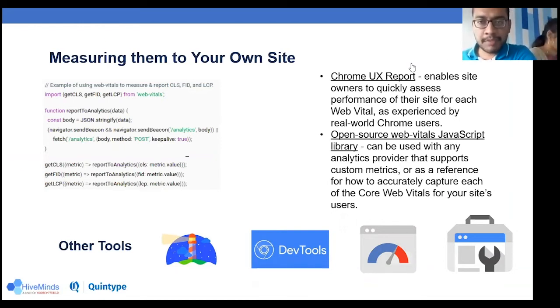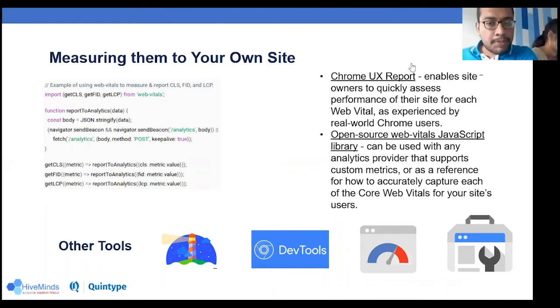The Chrome UX report enables site owners to quickly assess the performance of their site for each web vital as experienced by real-world Chrome users. This is the same crux we talked about earlier. It will help Google understand how your page is being accessed, and help you get the report of the actual users who are visiting your website.